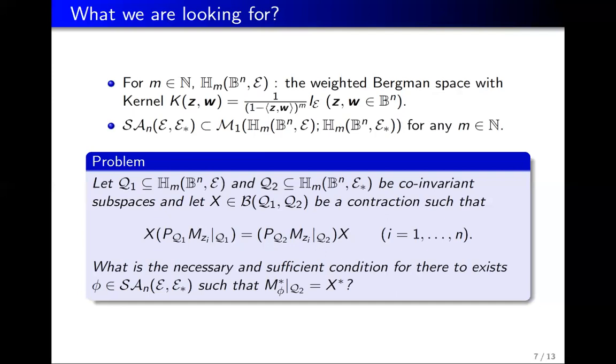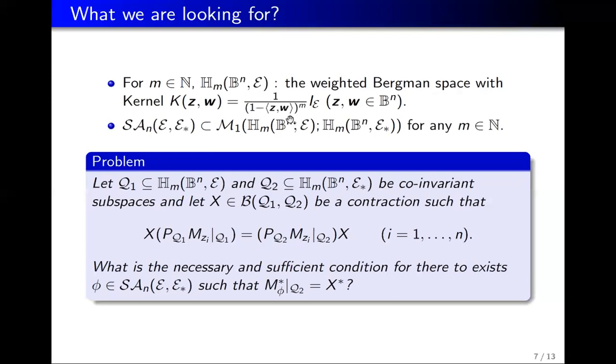In fact, one could immediately see that if you take m equals 1 here, then this weighted Bergman space is the Drury-Arveson space, and in that case, by definition, this becomes an equality. I mean, the Schur-Agler class and the unit ball of the multiplier space are the same by definition. So for m equals 1, there is no restriction we are putting.